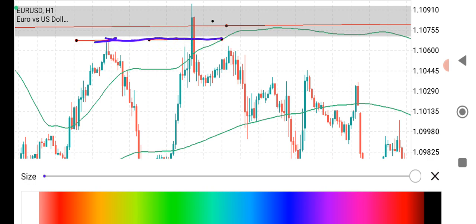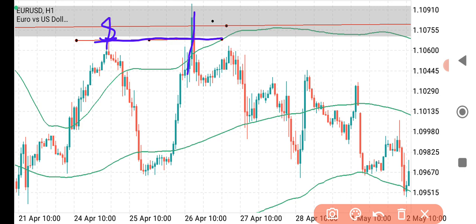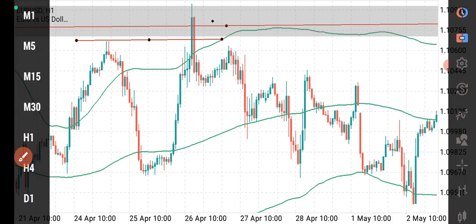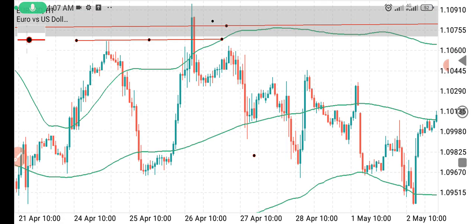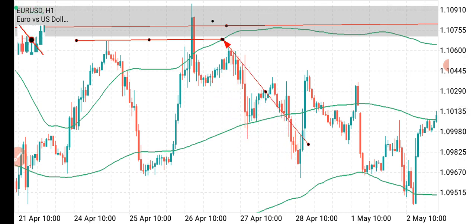I will treat this candle that goes into this resistance as a liquidity sweep of this top. So the point that you marked out as a price action trader support and resistance zone has become my point of interest as a smart money trader. Why? Because there is a liquidity sweep of this zone. That is number one.